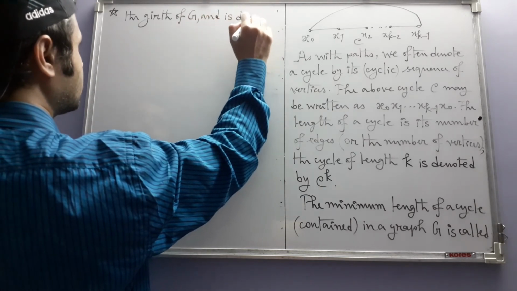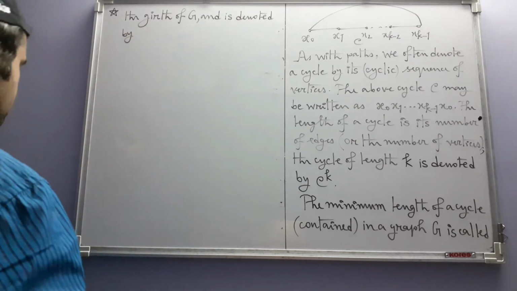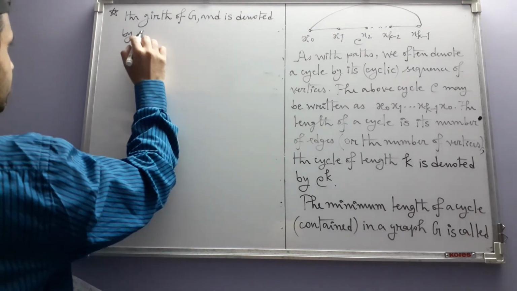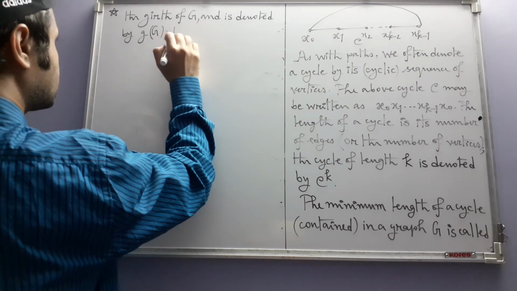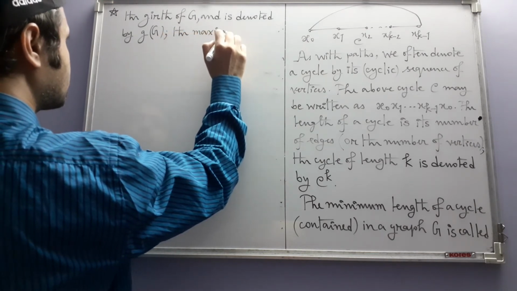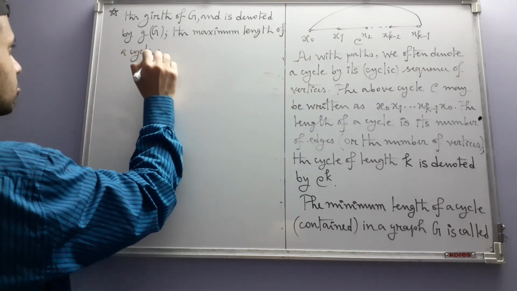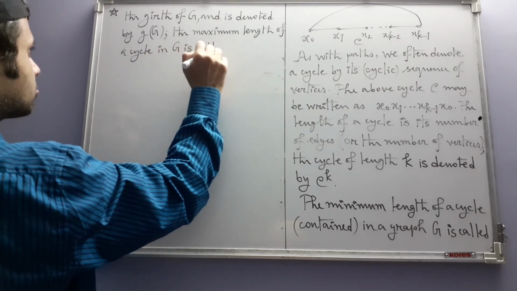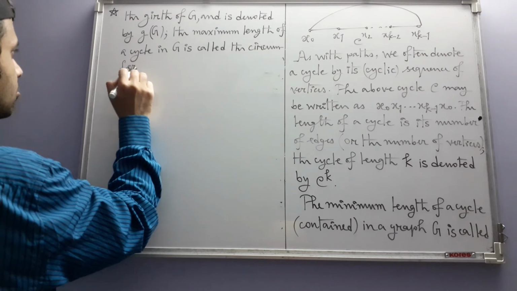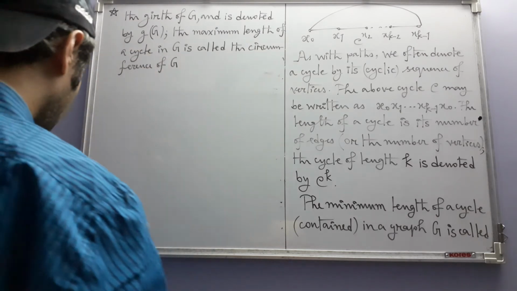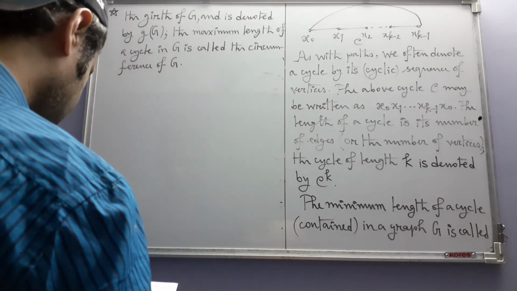And is denoted by g of G, I think. Yes, small g of G. And the maximum length is called the circumference of G. Oh no, notation has not been given for the circumference.